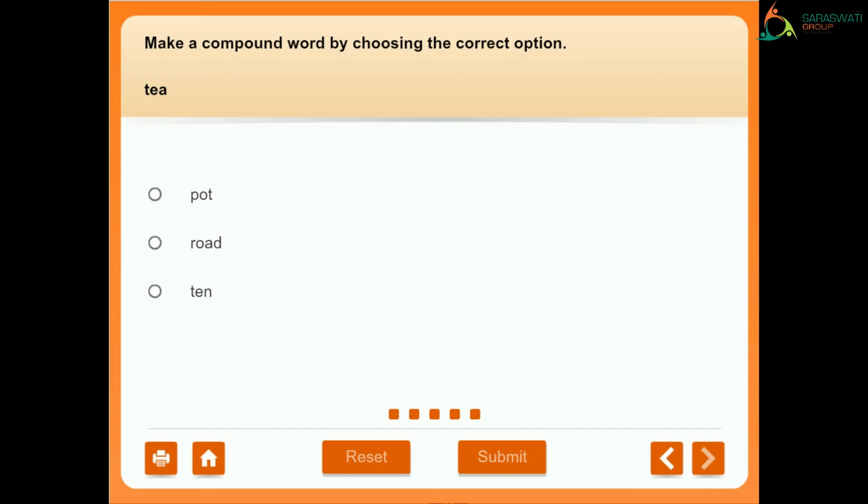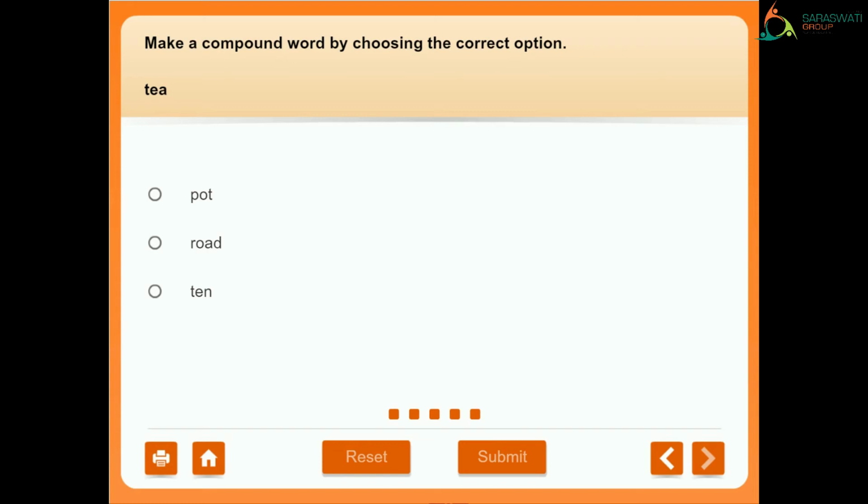Make a compound word by choosing the correct option. Now, this time we have got the word tea, T-E-A. Now, three words which are given to us are pot, road, tin. Let us try and match one by one. Tea tin. No. Tea road.